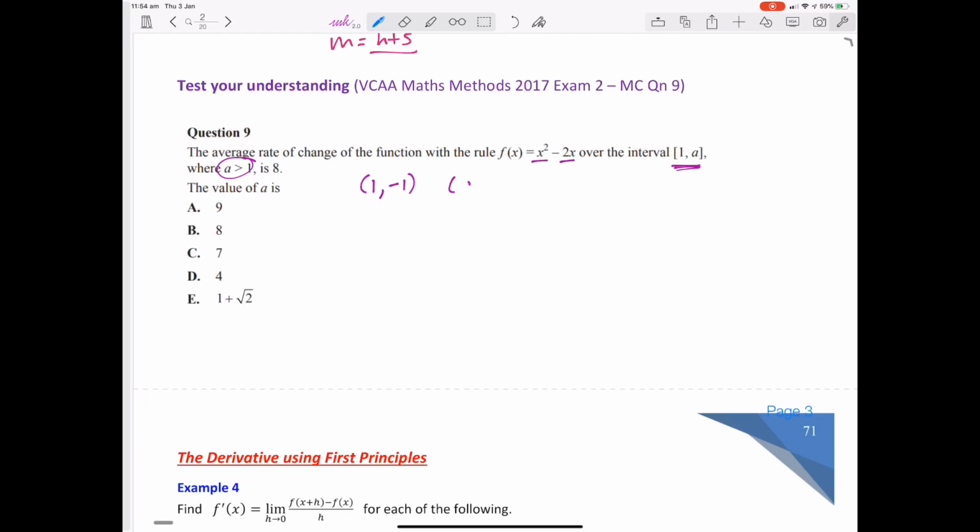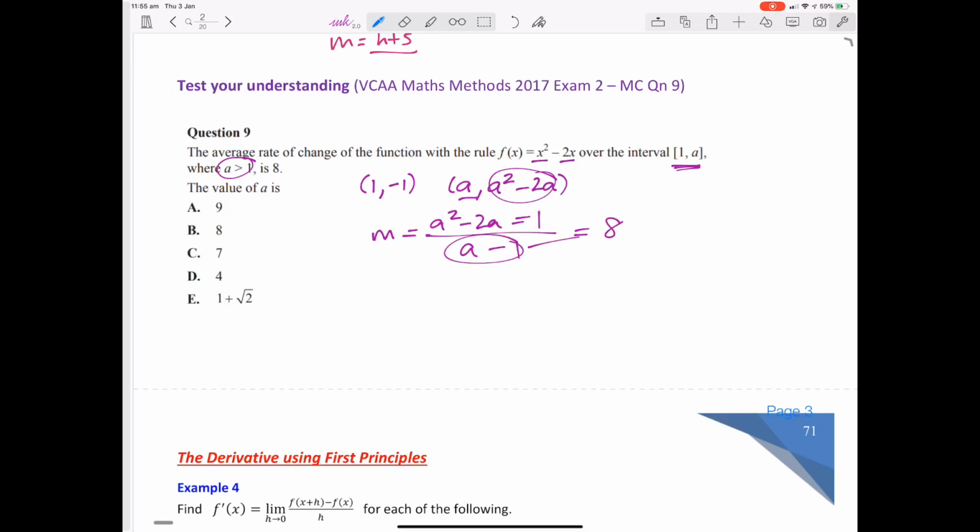And then I've got the point a, a squared minus 2a. Okay, my gradient is a squared minus 2a, y2, minus minus 1, over x2 minus x1, and that equals 8.